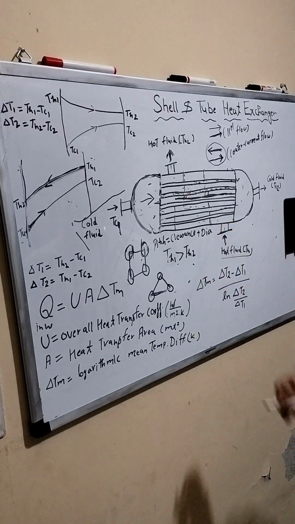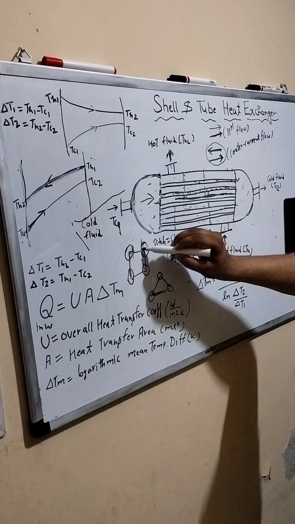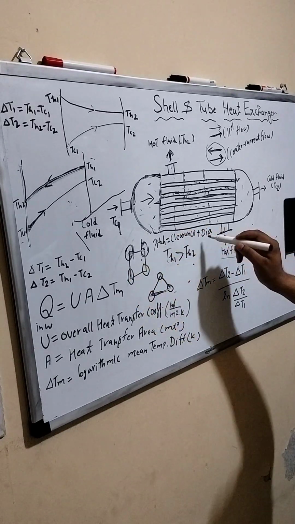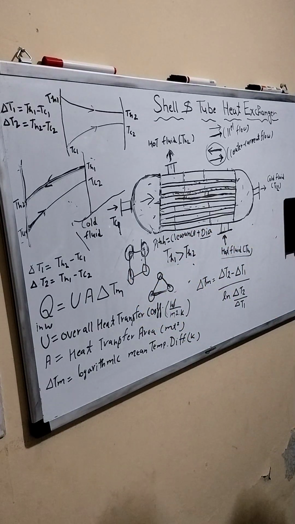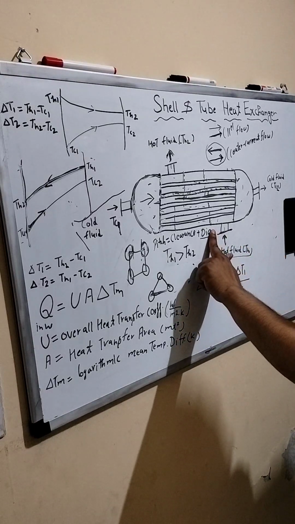Why? Because the center distance is r plus r, which is 2r, and 2r is equal to the diameter. So pitch is equal to clearance plus diameter.